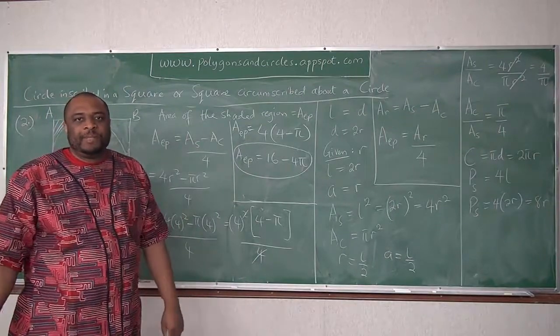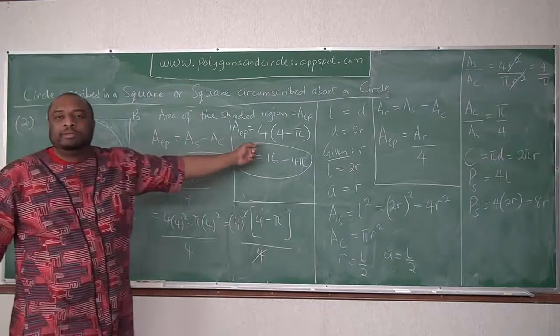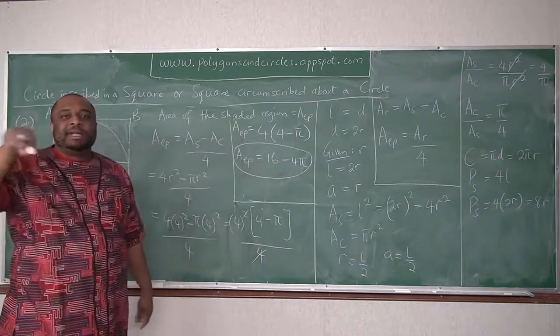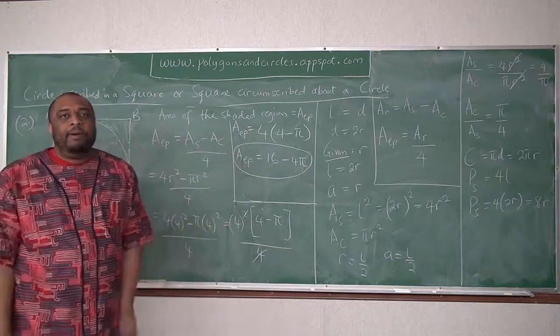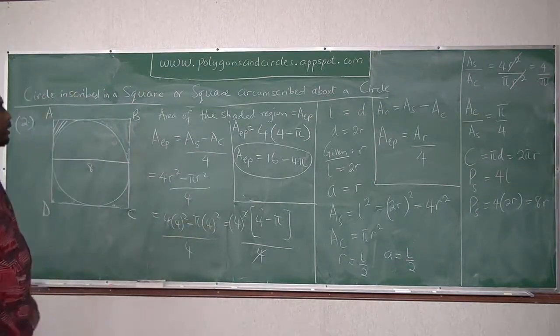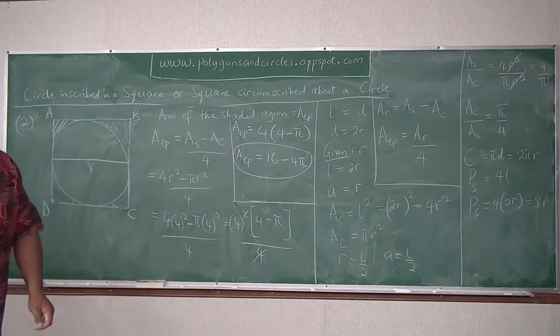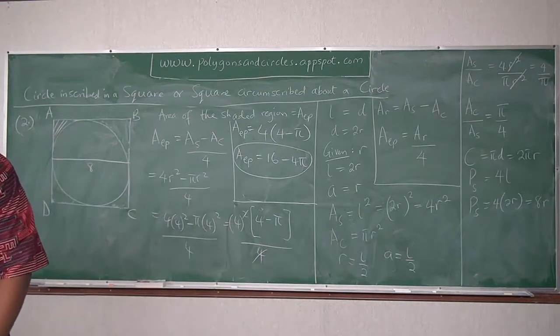If they shade 3 parts, you just do 3 times 4, 12, so 12 times (4 minus pi). That's the way you solve it. Alright, we're done with this one.